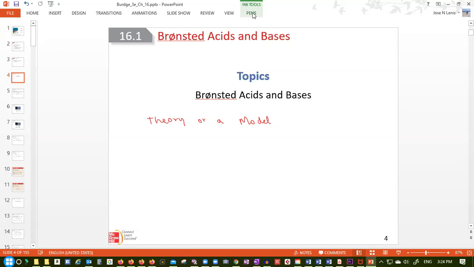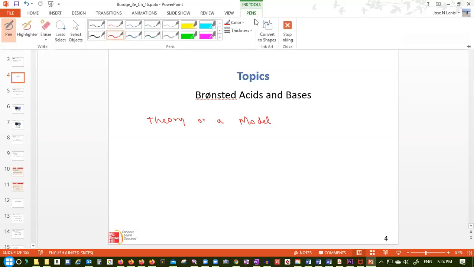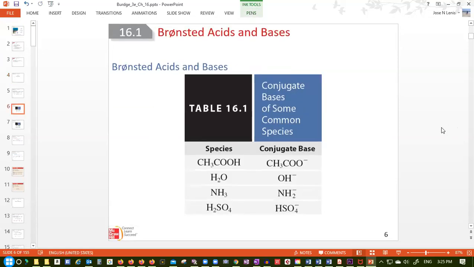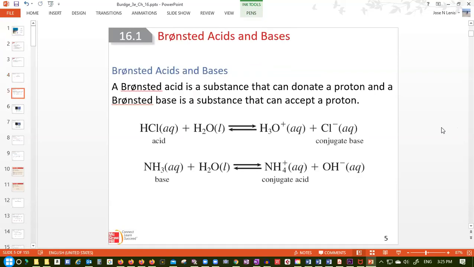And we can actually see this behavior experimentally. So for Bronsted-Lowry, an acid is a substance that can donate a proton, and a base, or Bronsted base, is a substance that can accept a proton.